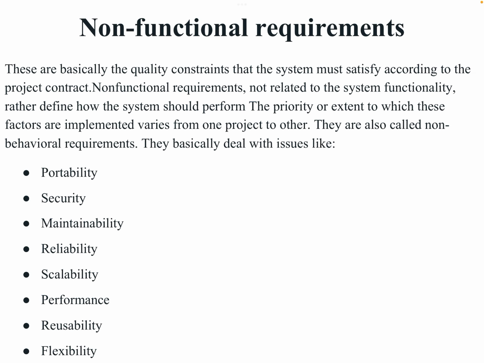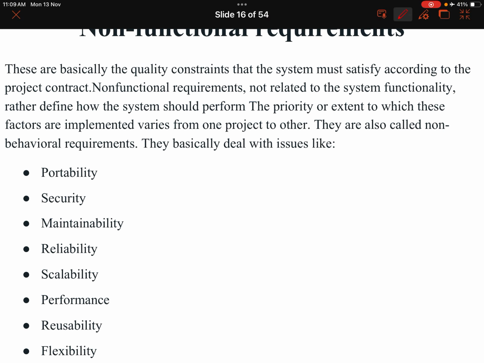The next is your non-functional requirements. These are basically the quality constraints that the system must satisfy according to the project contract. Non-functional requirements are not related to the system functionality; rather they define how the system should perform.